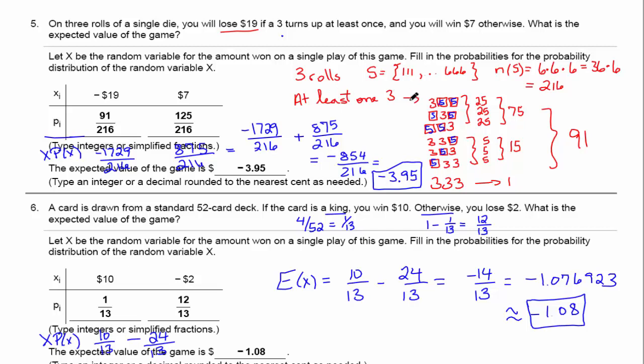At least 1 3. So I could have a 3 followed by 2 more numbers. I could have 2 numbers and a 3 in the middle. I could have 2 numbers in the front and a 3 on the end. So you see, there's my 1 3. Now, how many ways for there?